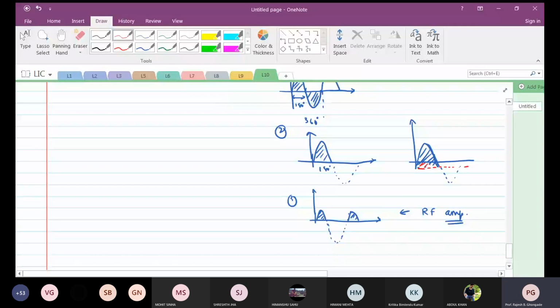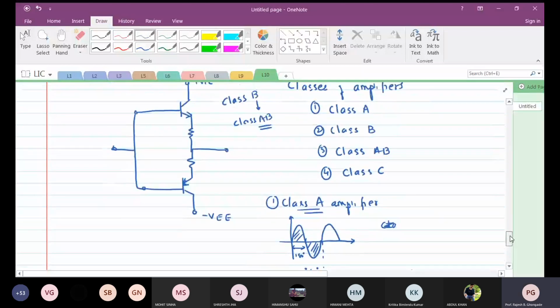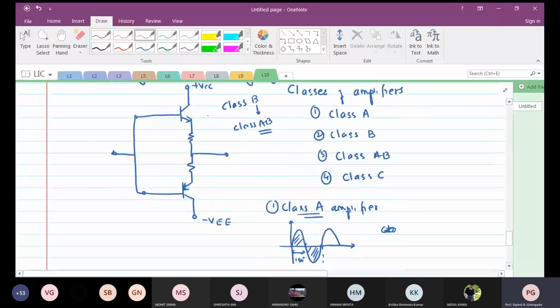So your waveform will be something like this. One transistor will conduct slightly more in the negative as well. So this is actually a class AB amplifier.